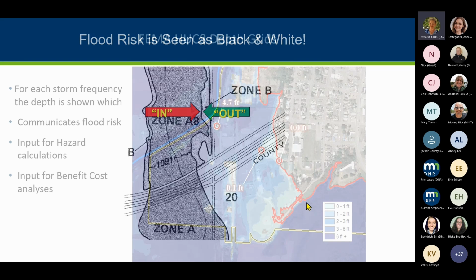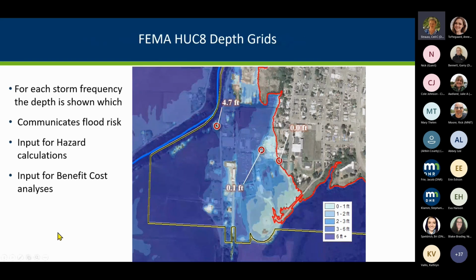And here's some depth grids that are produced in some of our flood map updates, the non-regulatory products. And this is a nice example showing that, okay, this red area here, that is the edge of the 100-year floodplain. But as you get in the floodplain, you'll see other areas are much deeper and have higher frequency risk.